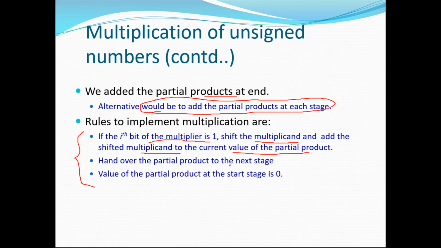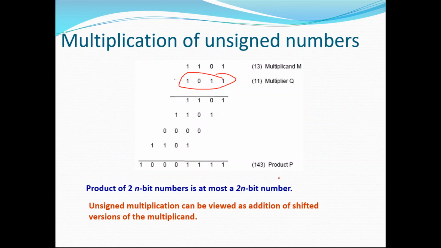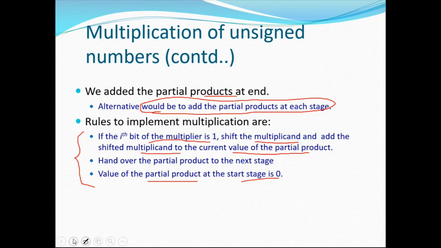The value of the partial product at the starting stage would be 0. Initially we assume the partial product value as zeros.